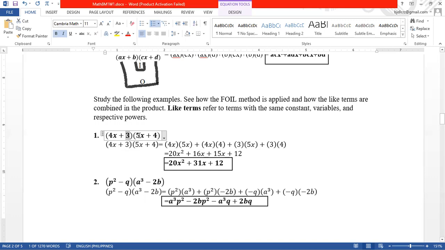So 3 multiplied to 5x, and lastly the last terms, which are 4 and 3. So simplify the following. So 4x multiplied to 5x, that would be 5 times 4 is 20. X times x is x squared.